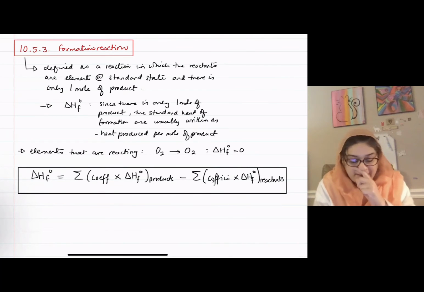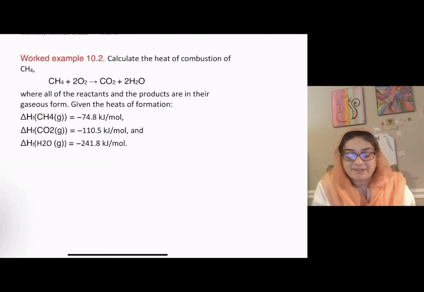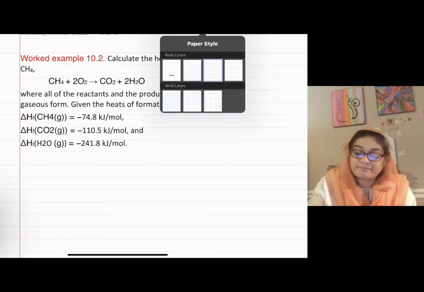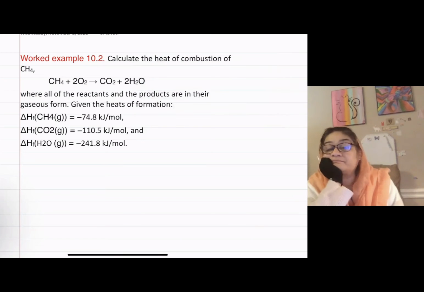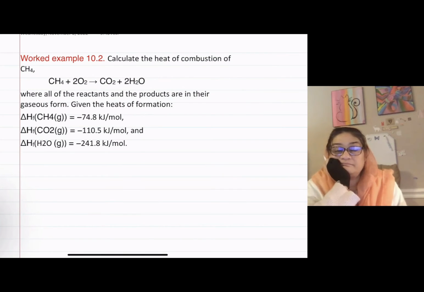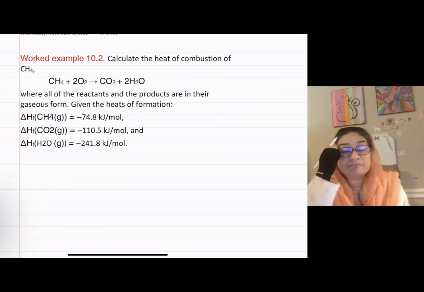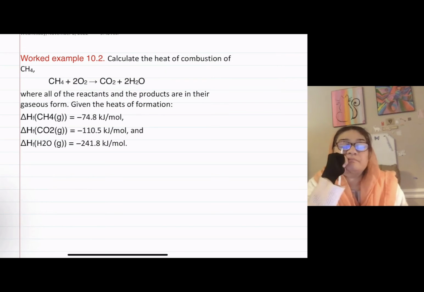So this doesn't make a lot of sense yet, so let's do an example. Calculate the heat of combustion of CH4. CH4 plus 2O2 goes to CO2 plus 2H2O, where all of the reactants and the products are in their gaseous forms.